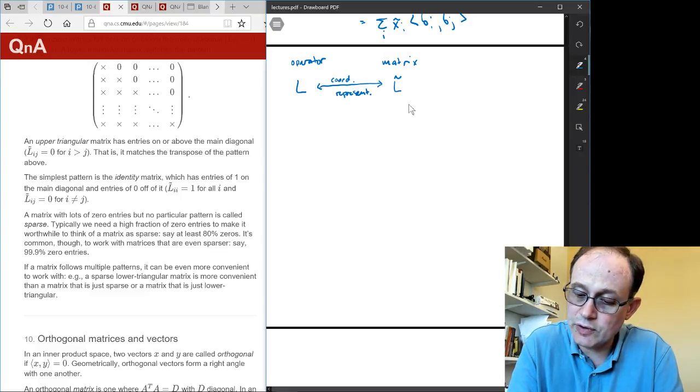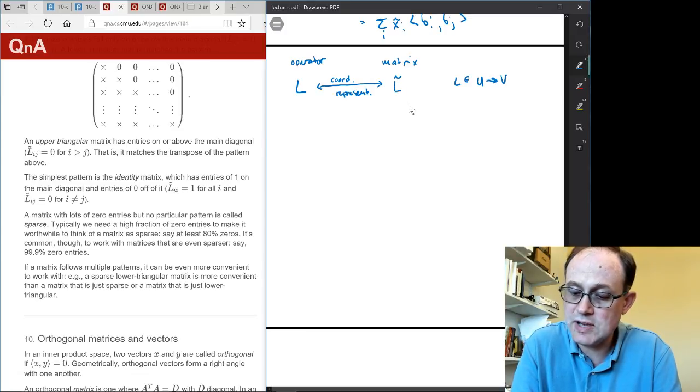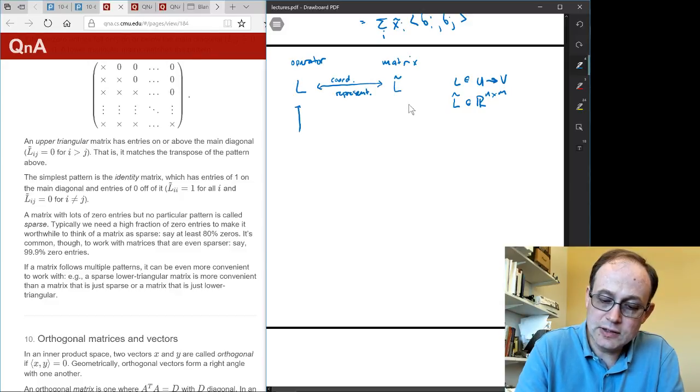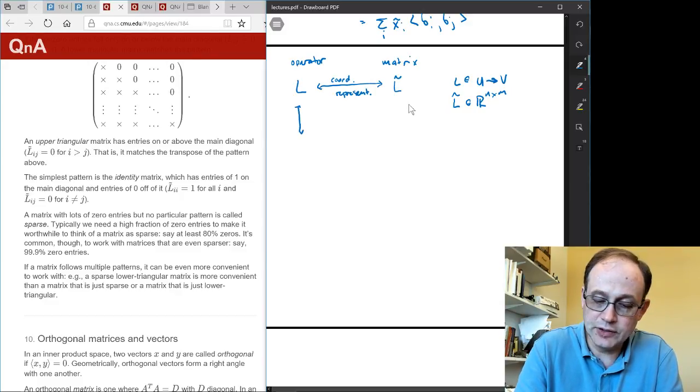And so I'll just write over here, L is in the set of functions that map a vector space U to a vector space V. L tilde is in R n by m, right? So we can go from an operator L to the operator, let's say, L adjoint, right?